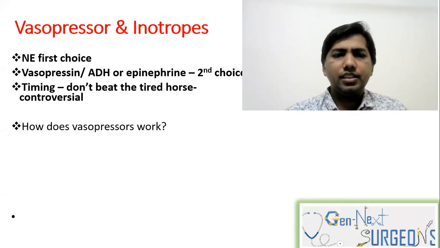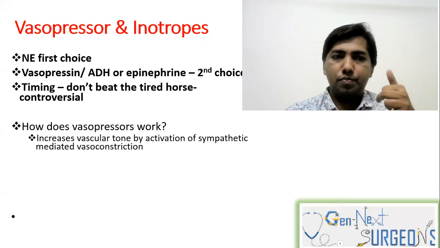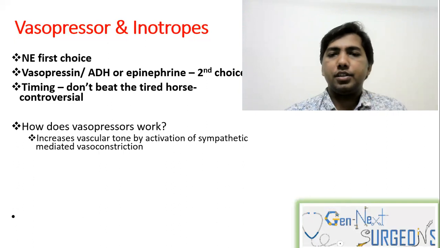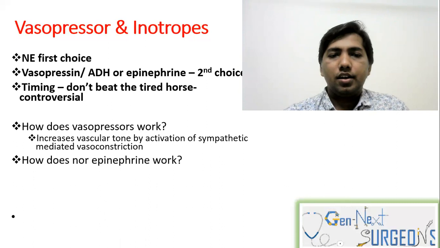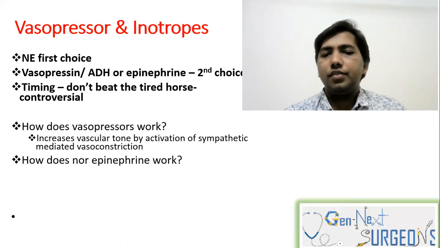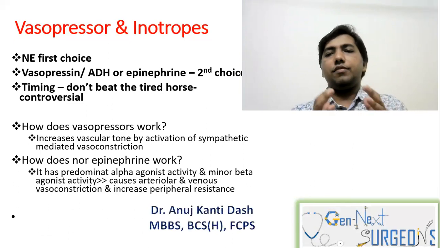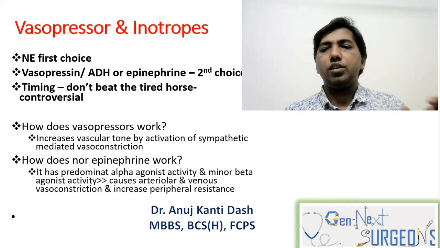Now, the theoretical thing is, how do these vasopressors work? I have stated that there is peripheral vasodilation, and vasopressors work on the sympathetic nervous system and cause vasoconstriction. Now how does norepinephrine work? These are the adrenergic receptors: alpha 1, alpha 2, beta 1, beta 2.